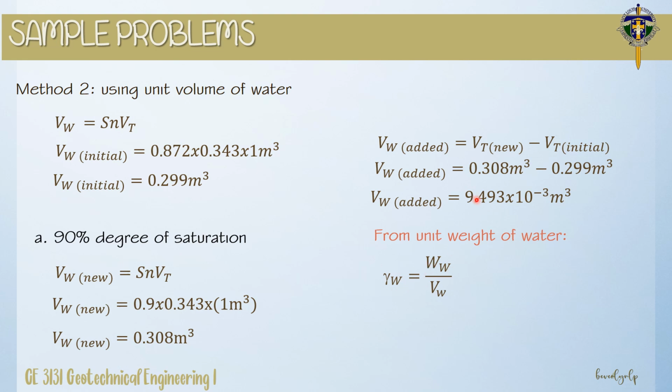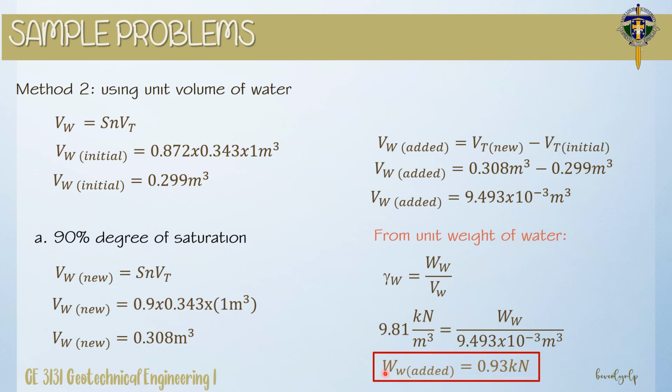The volume of water is what we solved earlier, and from there we can find the weight of water. Substituting, that becomes 9.81 is equal to the weight of water divided by 9.493 times 10 raised to negative 3 cubic meter. Simplifying, the weight of water that has been added is 0.93 kilonewton.